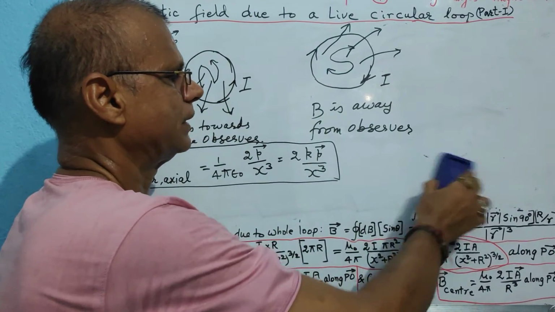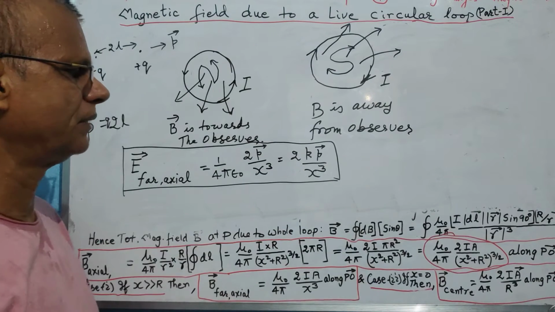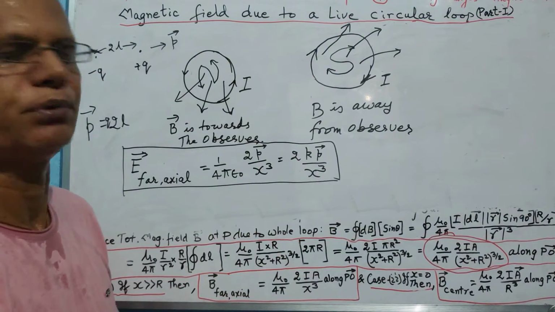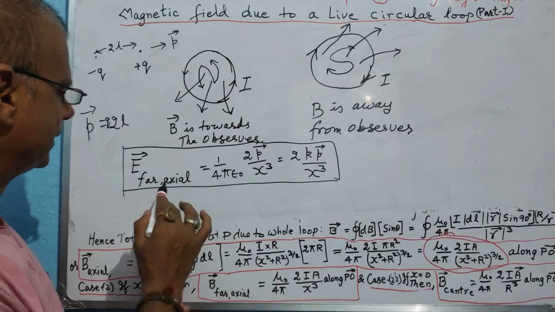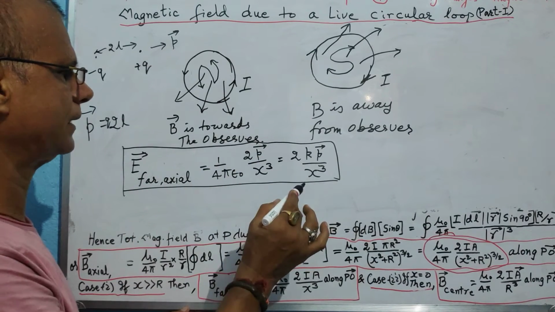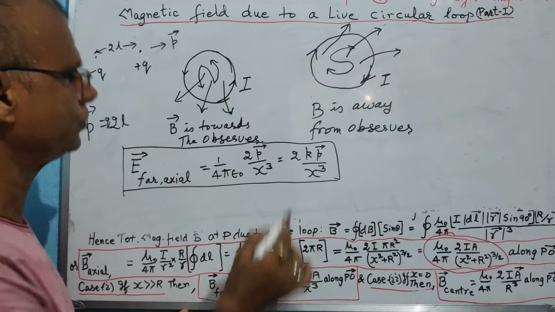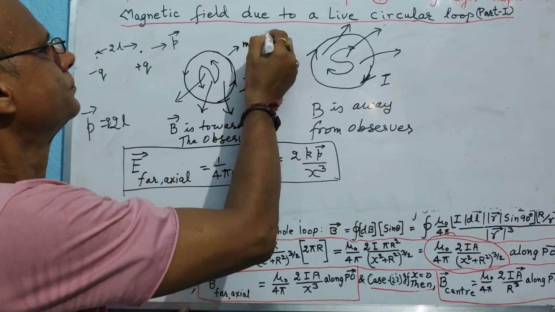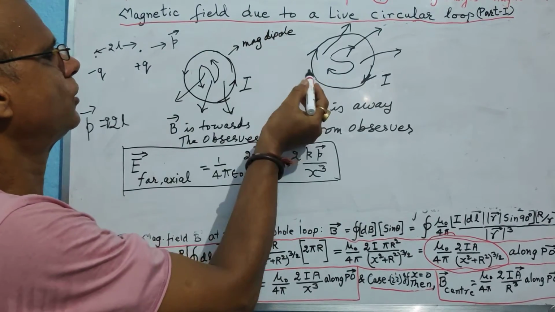Then the problem came: since we have electric dipole moment, we also need to find magnetic dipole moment. So what we do is compare the electric field at a far axial point due to an electric dipole with the magnetic field at a far axial point due to a magnetic dipole. This is our magnetic dipole, because we have two poles, north pole and south pole.